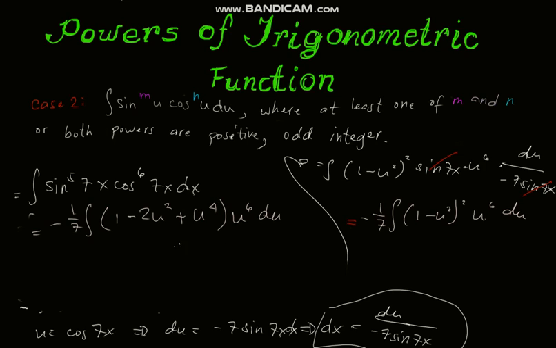So I'm just going to distribute this u raised to 6: u raised to 6 minus 2 times u raised to 8 plus u raised to 10 du.